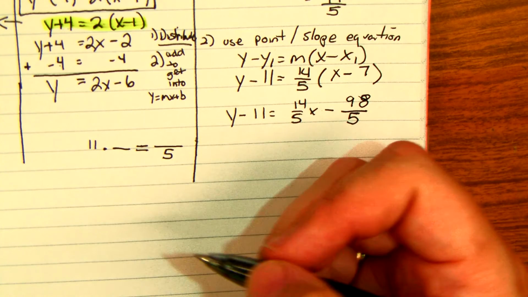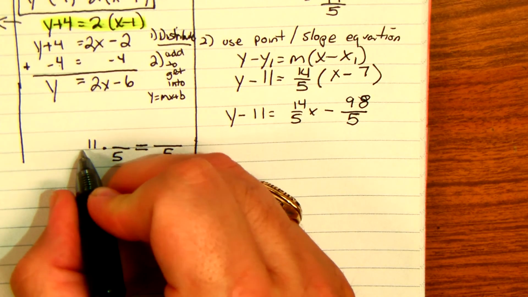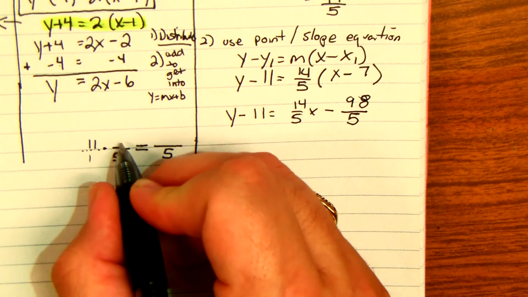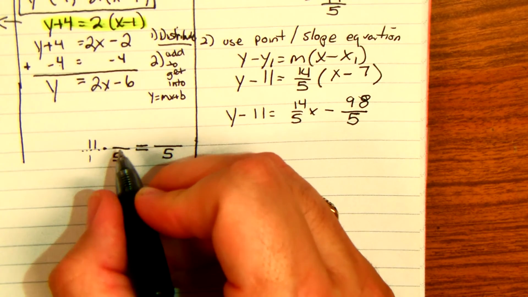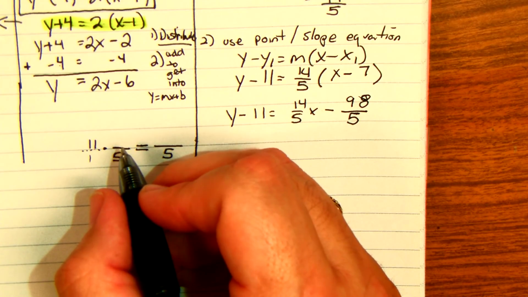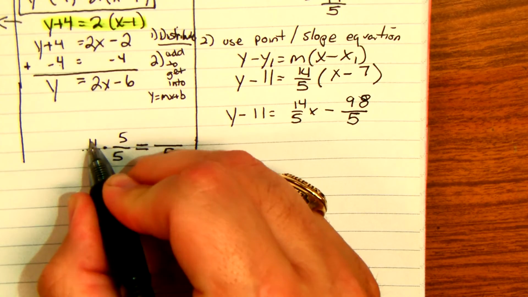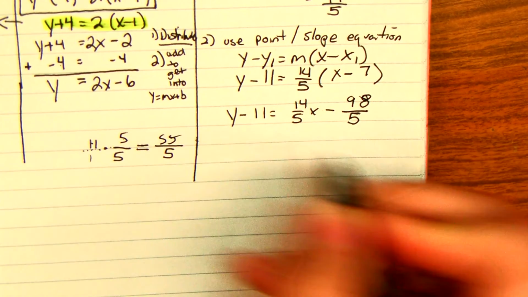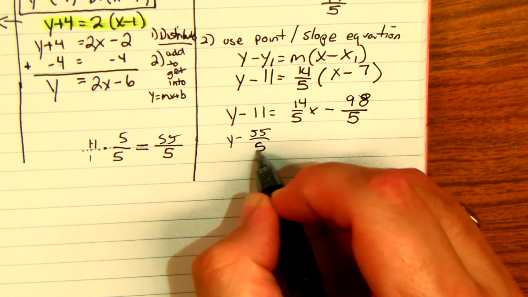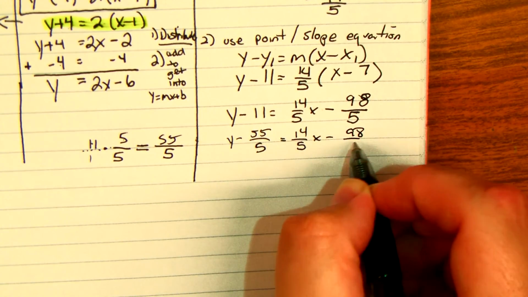Well, I need to multiply the denominator because there's really a 1 down there. 1 times 5 is 5. So what am I going to multiply the numerator by in order to make sure that I'm not changing the value of 11 at all? 5. So I get 11 times 5, which is 55. So this is really y minus 55 over 5 is equal to 14 fifths x minus 98 over 5.